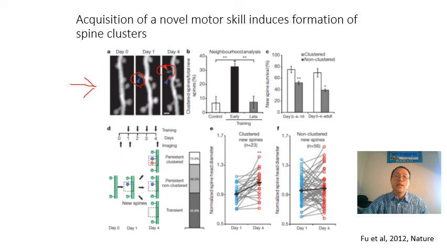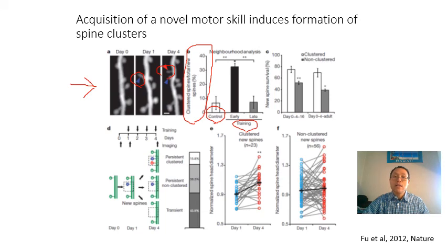So they thought of this idea that maybe these new dendritic spines that grew out because of the new motor skills are functionally clustered. So then the next thing they did is they looked at the cluster analysis in the control animals versus the training animals, and then they saw that a lot of these clusterings are happening in the early stages and not so much in the late phases.